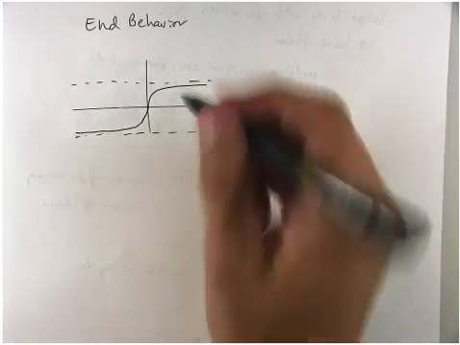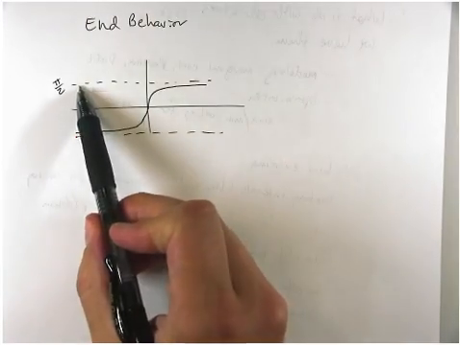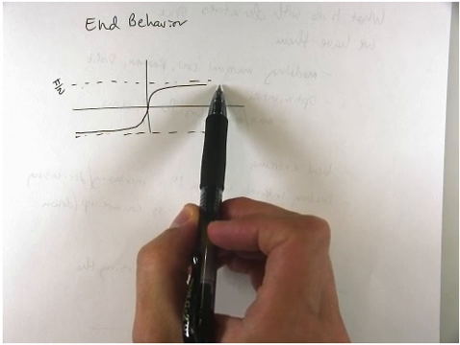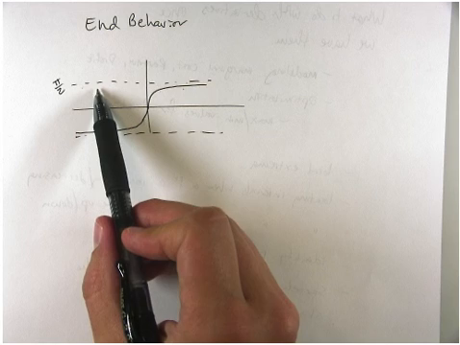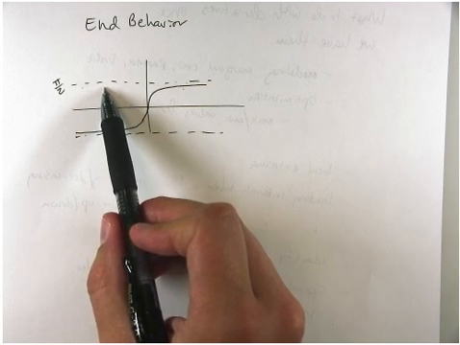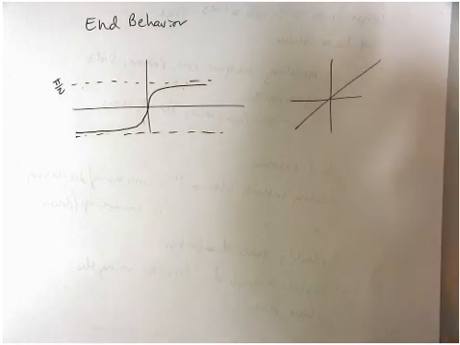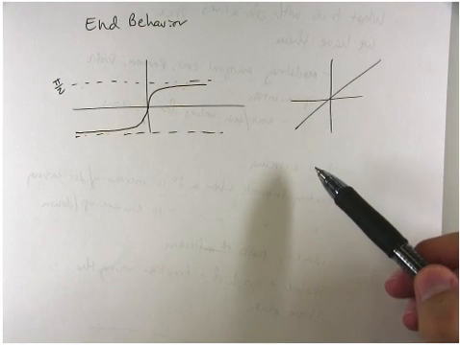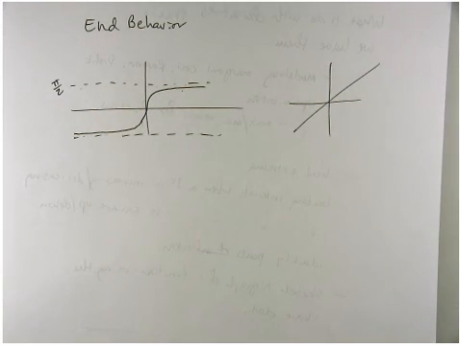It's never going to get any bigger than, say, if this was something like pi over 2, f of x is never going to get any bigger than pi over 2. Even though it's always increasing, that doesn't mean that its shape is like this, and that it will increase without bound.